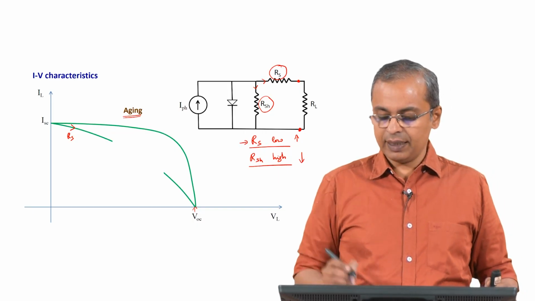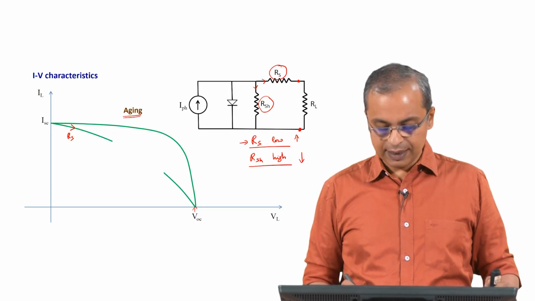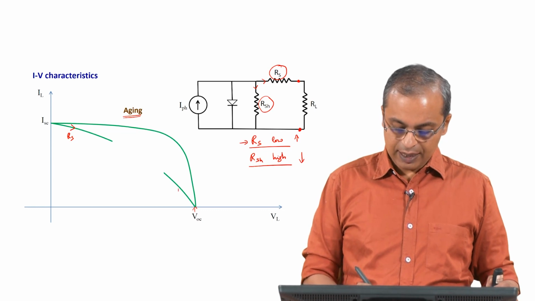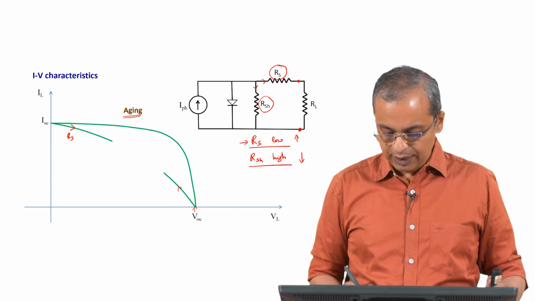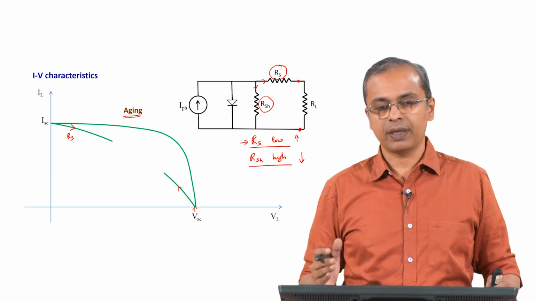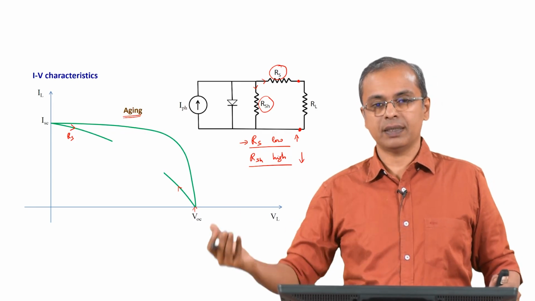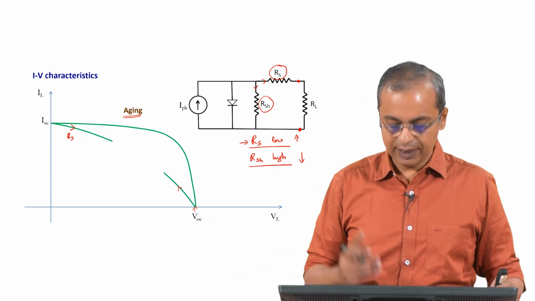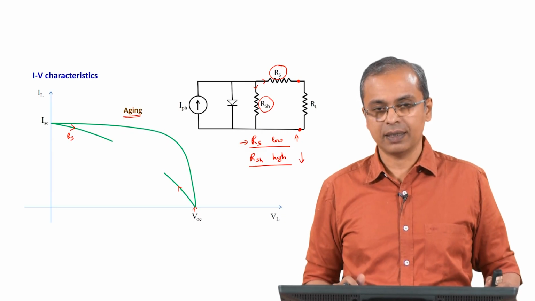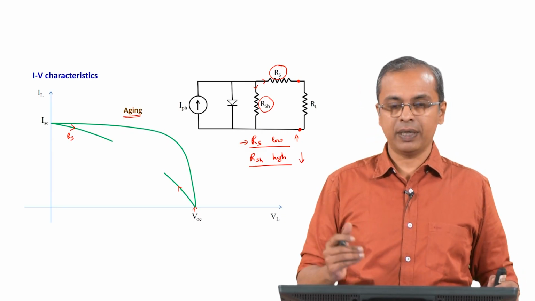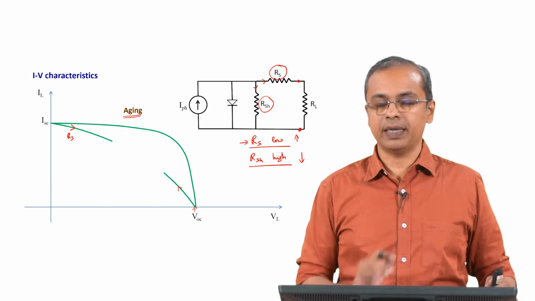On the other hand, the shunt resistor starts impacting us in the high voltage region, and in the high voltage region your ability to get power out of the solar panel decreases dramatically as your shunt resistor becomes lower and lower in value, because you are now giving an alternate path for the current.